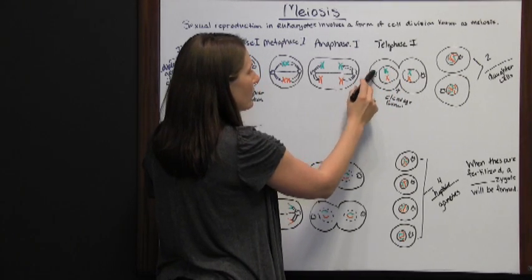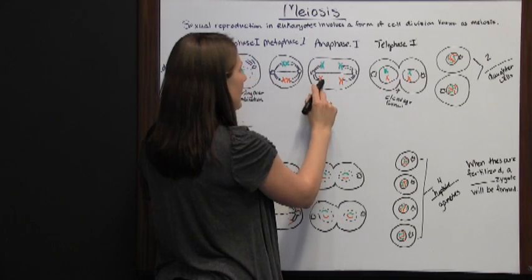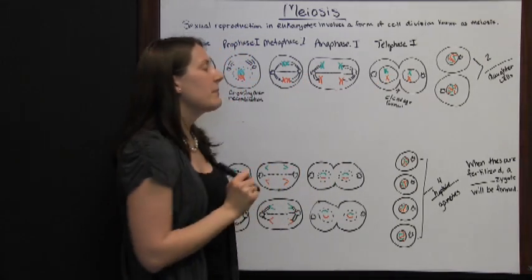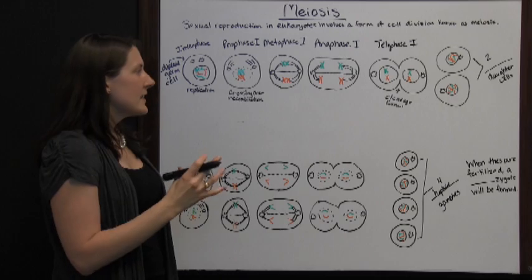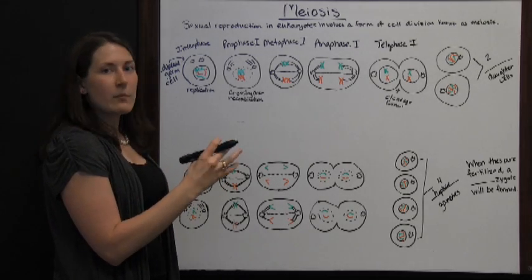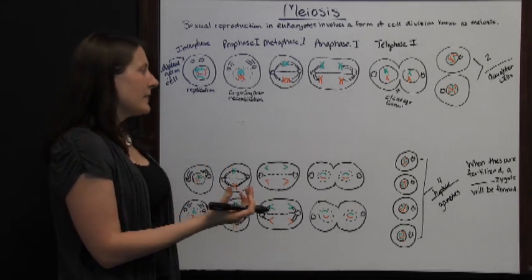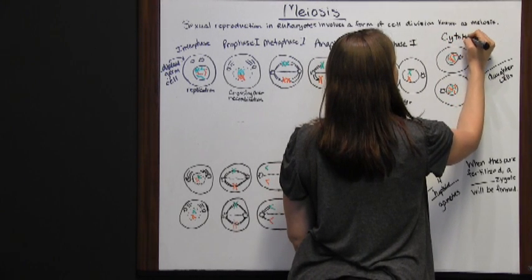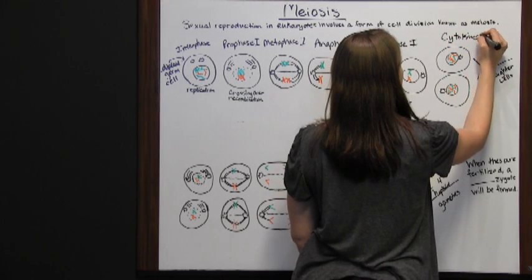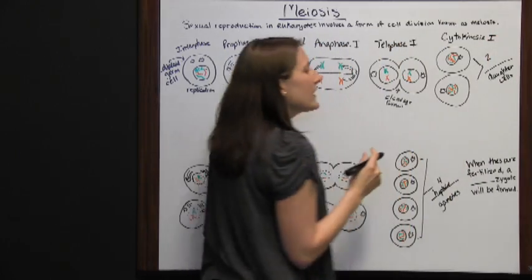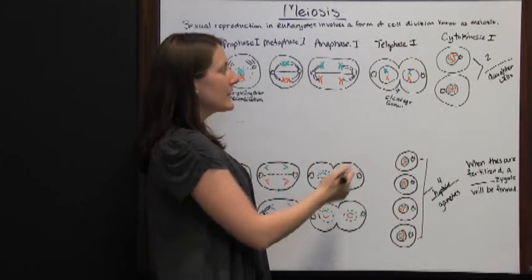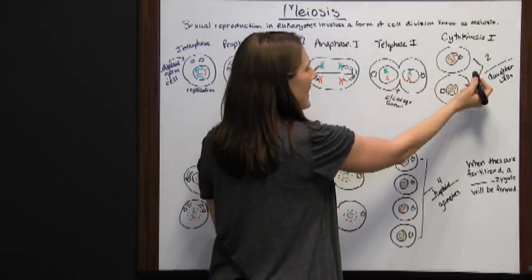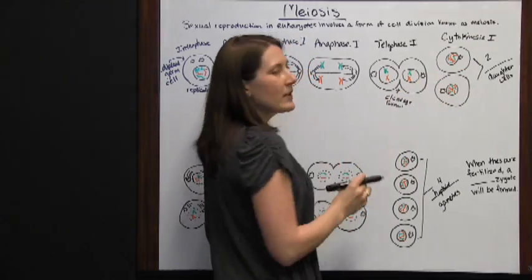The microtubules that have been connecting the chromosomes and pulling them apart have receded, and the genetic material is encased in a nucleus again. And then this last part is cytokinesis 1, where the cytoplasm is split, and there is a definite split made between those two cells.